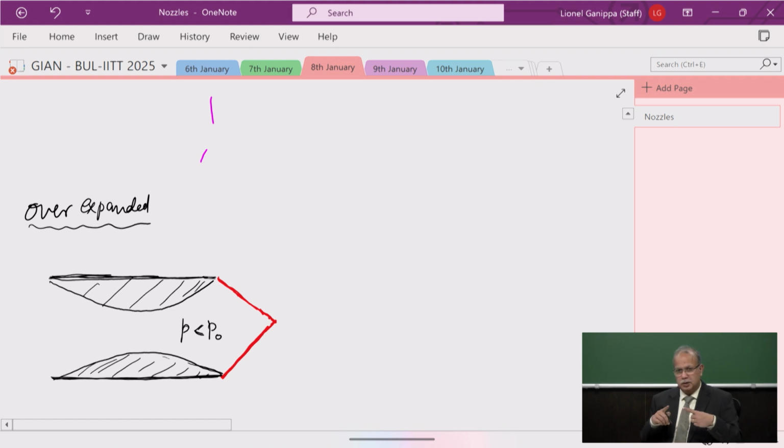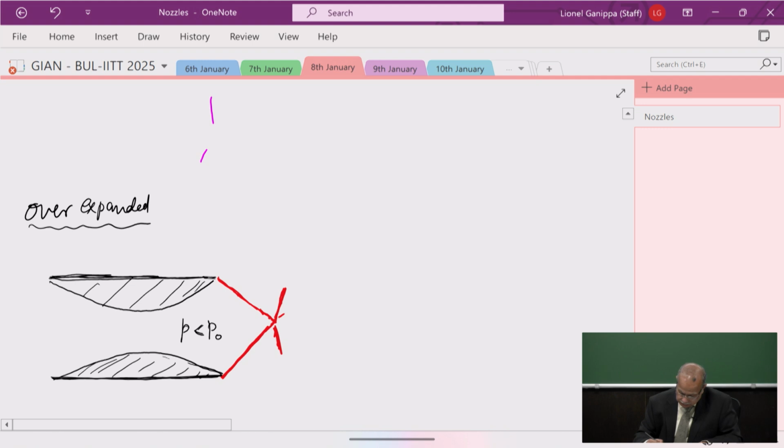So when two oblique shocks of opposite family meet, they pass through, but they don't go in the same line, they bend.